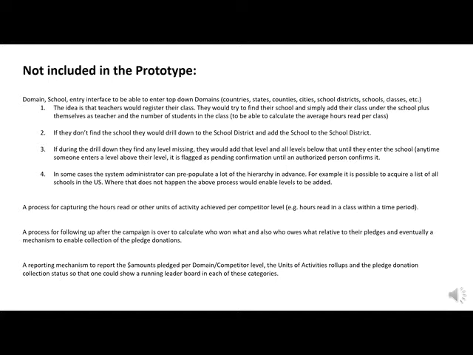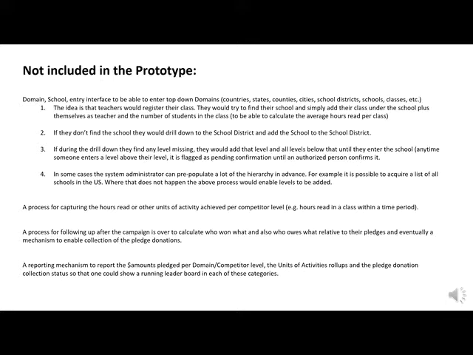That school might not be in the system, so then they would try to enter the school. So they would find the school district that school pertains to. Perhaps the school district's not there, then they would go up and look for the county. Perhaps that's not there, they'd go up and look for the state. And they would start filling in whatever missing hierarchical levels are there.